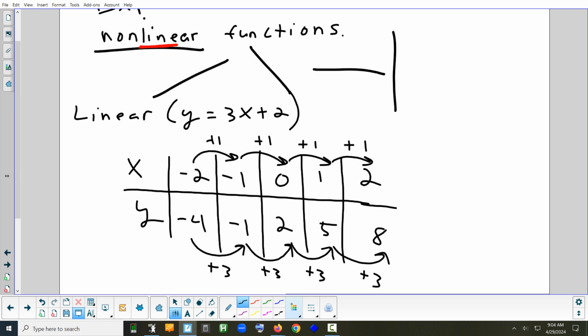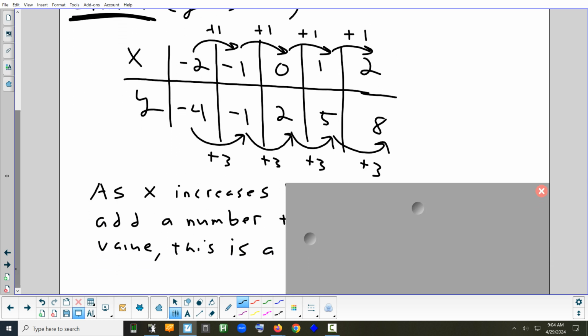Plus 3. It's always a plus 3. When you make this table, anytime the pattern is adding the same number over and over, that's what a table looks like if something would be in a straight line. I think we looked at that earlier in the year.